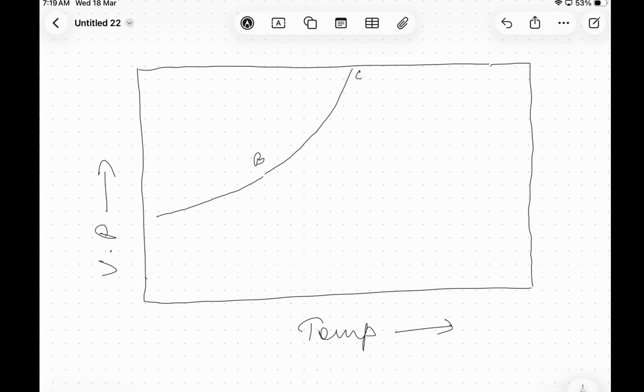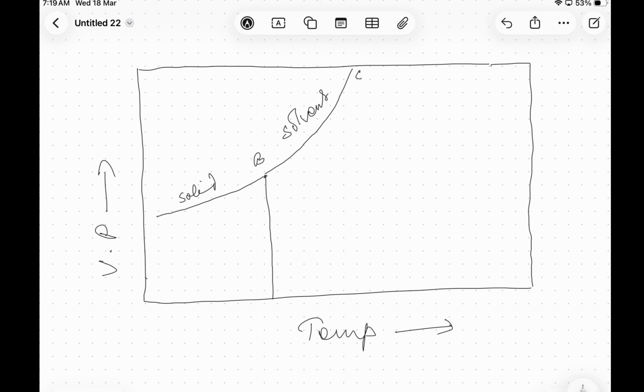We are considering solvent only. That means I am considering water. So at point B, here is solid, here it is liquid. At point B, the vapor pressure of solid will be equal to the vapor pressure of pure liquid.